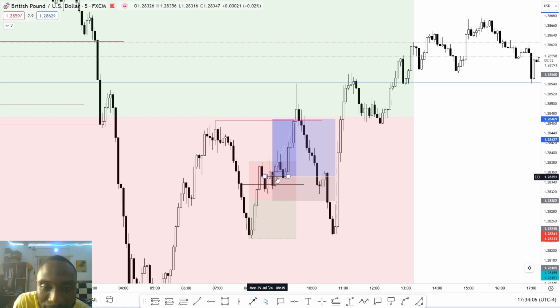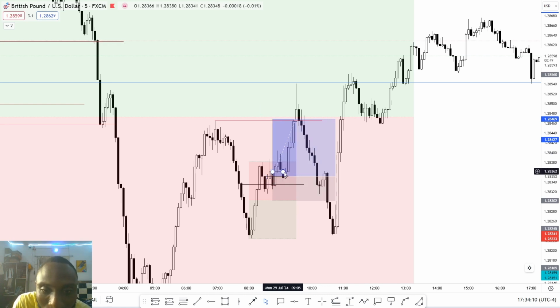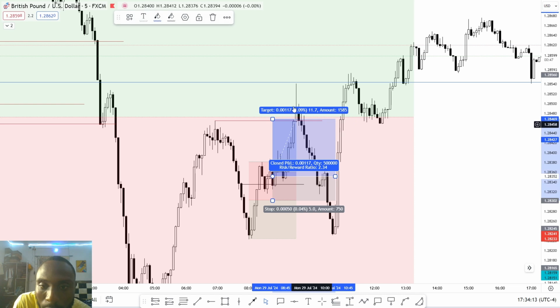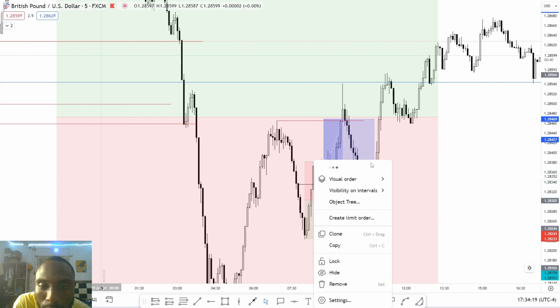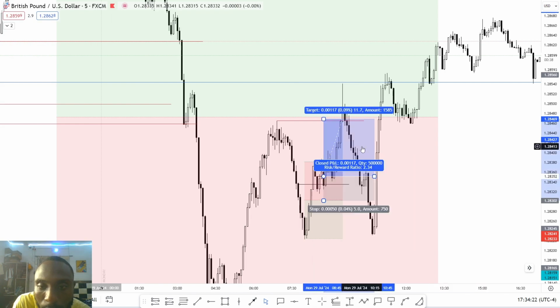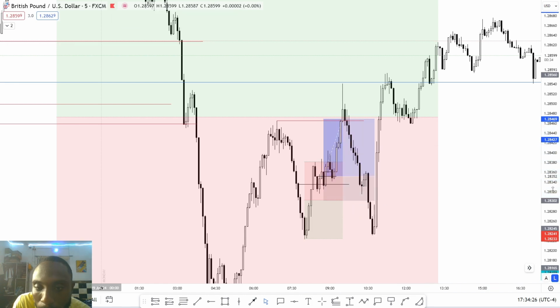So price hits this order block, then moves to the upside, came back, hit the order block again. Let me send this thing to the back. It's disturbing me. Send to the back. Better.